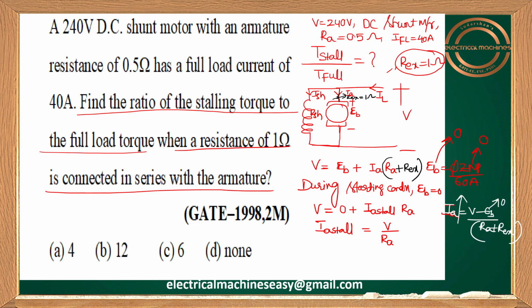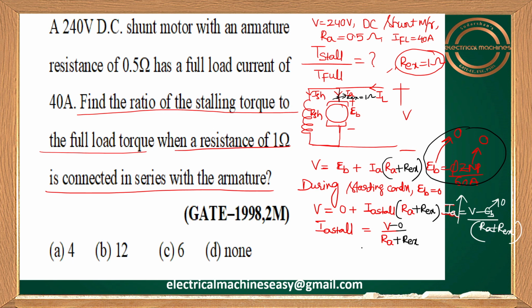Similarly, during starting condition, like I said, here EB is 0. So V equals 0 plus IA star into RA plus REX. Now IA star equals V minus 0 by RA plus REX.